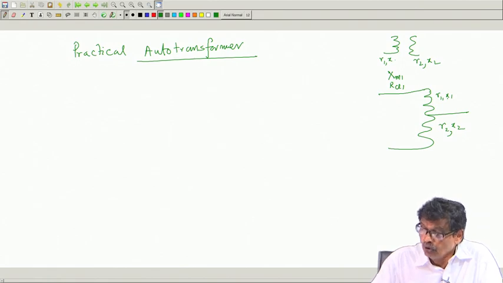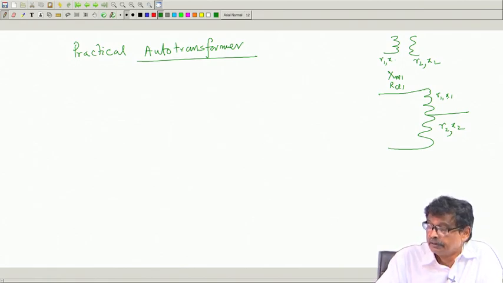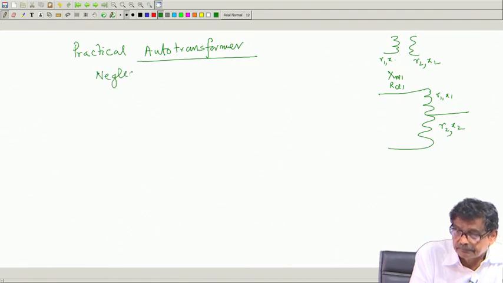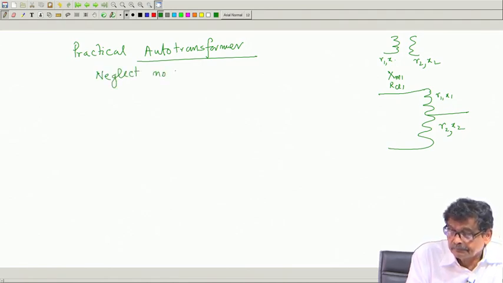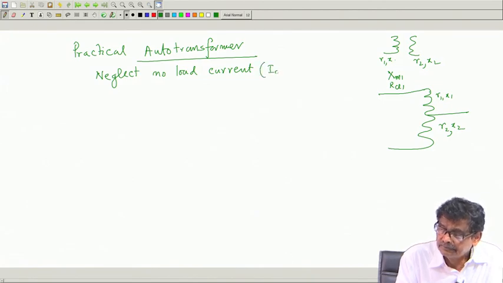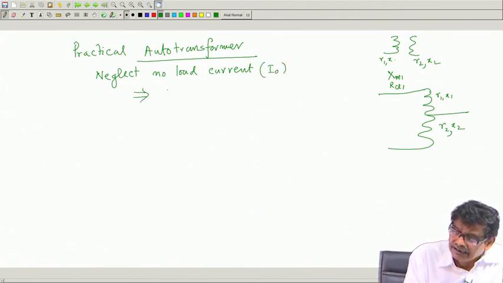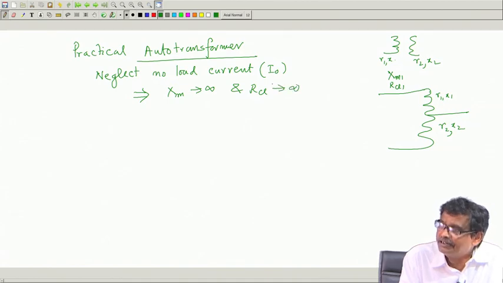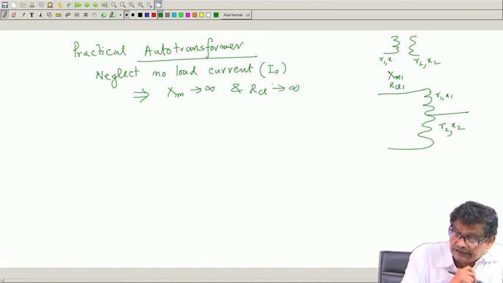So long as these things were there, and magnetizing and no load current, first neglect, I will tell you how to take no load current, neglect no load current. That means I naught is zero, which implies that X m is tending to infinity and R C L is tending to infinity.